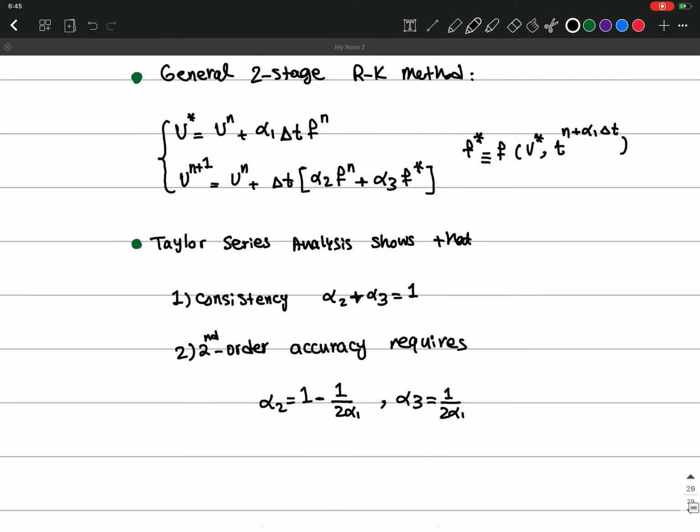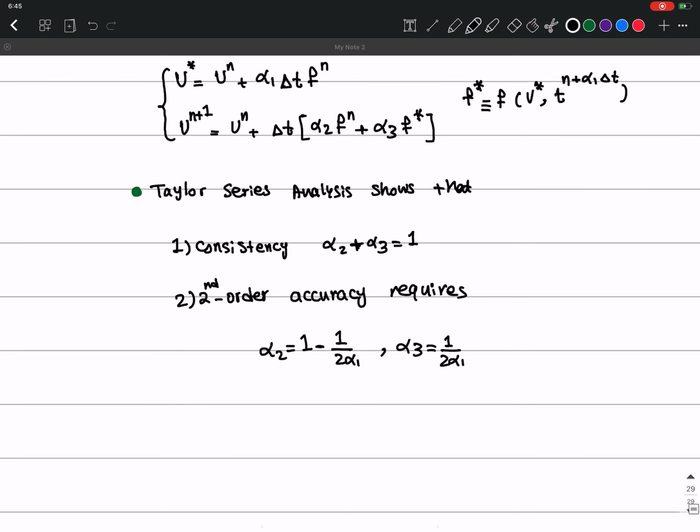Okay, so if you want to have a second order accurate method, you have to set alpha 2 and alpha 3 based on alpha 1 like this. And you see that here also alpha 2 plus alpha 3 equals 1, which satisfies the consistency requirement.